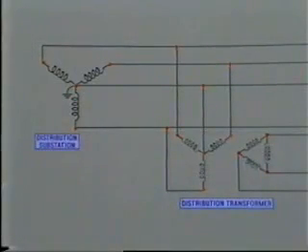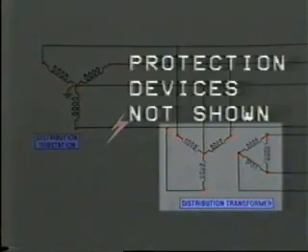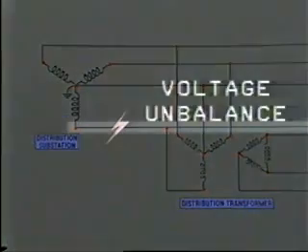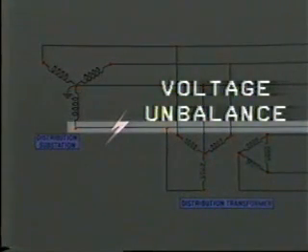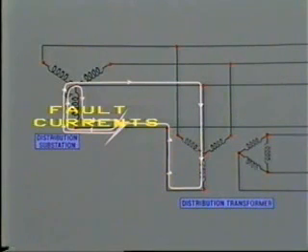Now, it is entirely possible that ground faults on other portions of the primary feeder may cause this Y-delta connected transformer bank to trip out. Why is this? Well, the line to ground fault will probably cause voltage unbalance, and in this situation the grounded Y connection could act as a conducting path for circulation of fault current.